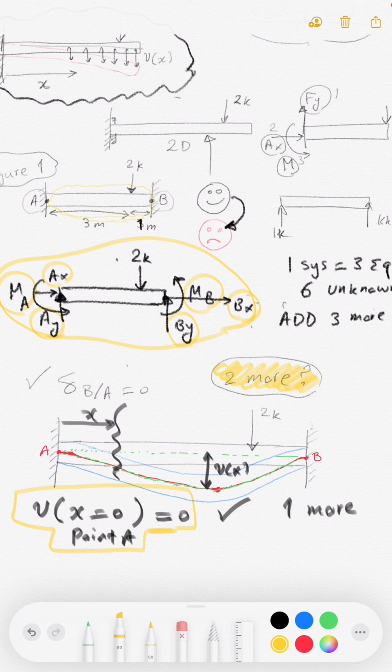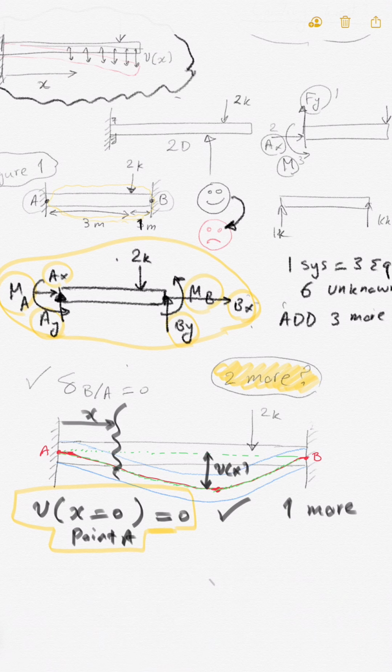How many unknowns do I have? 6. Now I'm pretty sure you can guess the extra equation that we need to add to these 5 equations to get 6 equations, and then 6 equations, 6 unknowns. Then you can solve it, right? So what is that extra equation? Look at this point, B. I can write V at x equal to the total length of the beam, right here, 3 plus 1, 4, is equal to 0.